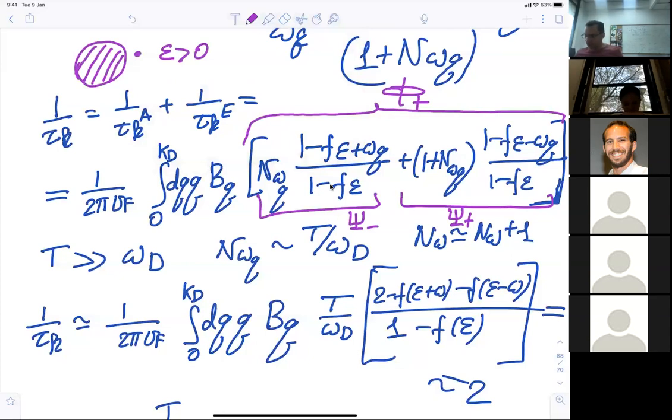What can we say about the low temperature limit of this expression? What survives in this expression when temperature goes to 0?